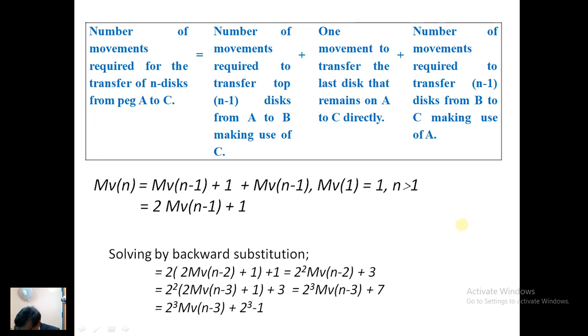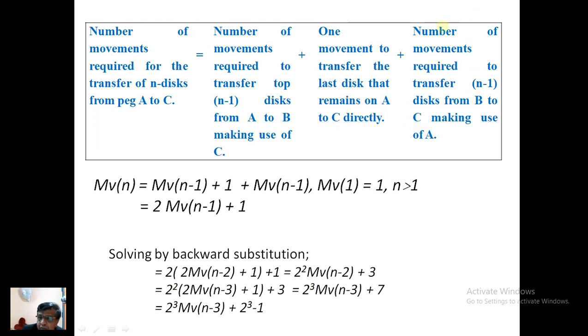So we will develop the recurrence relation something like this. The number of movements required for the transfer of n disks from peg A to peg C equals the number of movements required to transfer the top n-1 disks from A to B making use of C. When we took 3 disks, the top 2 disks, that is the top n-1 disks, were moved to peg B by making use of C. What remained is the nth disk in A, and it was directly moved. 1 movement to transfer the last disk from A to C directly.